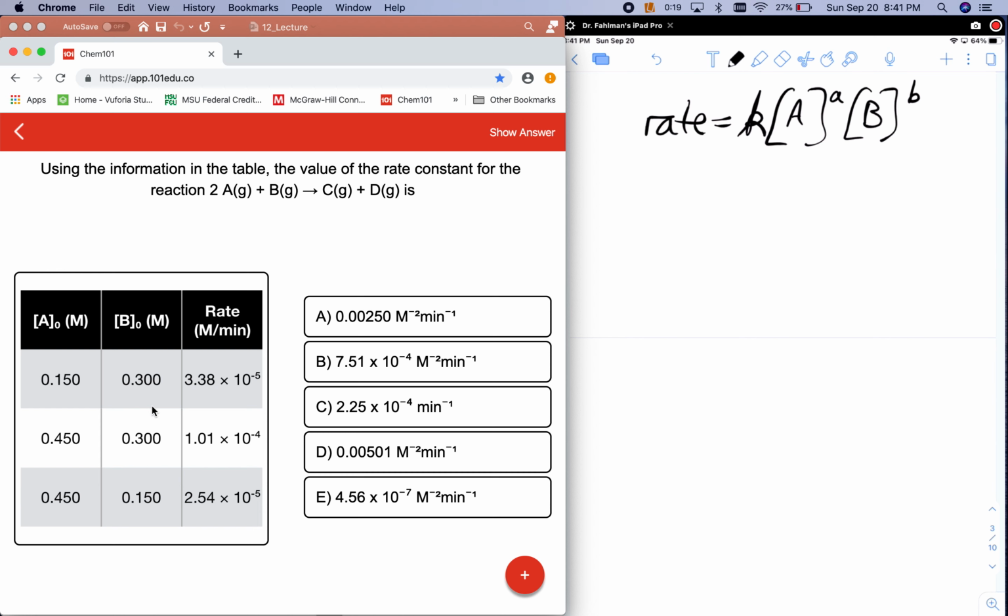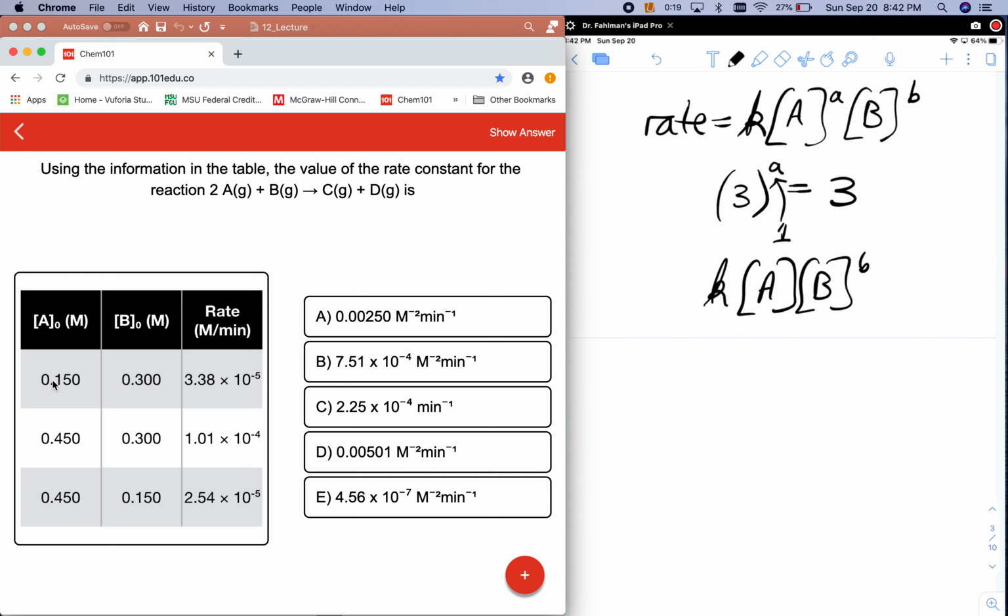That has gone up by a factor of 3. And so we can say that with respect to A, it is first order. In other words, if tripling A's concentration made the whole rate triple, the exponent on A has to be 1. All right, so that's with respect to A.